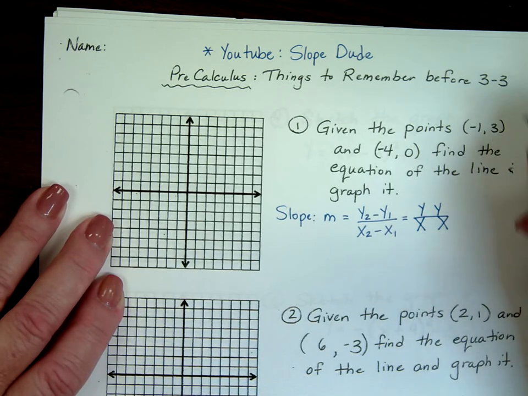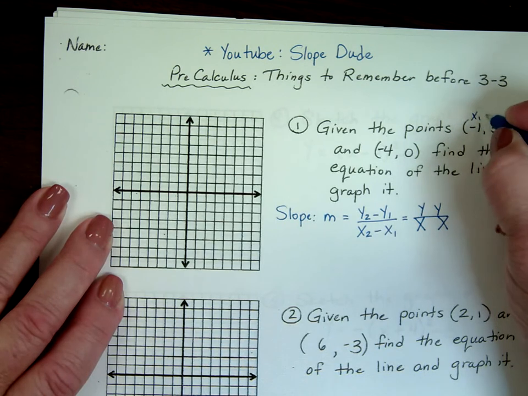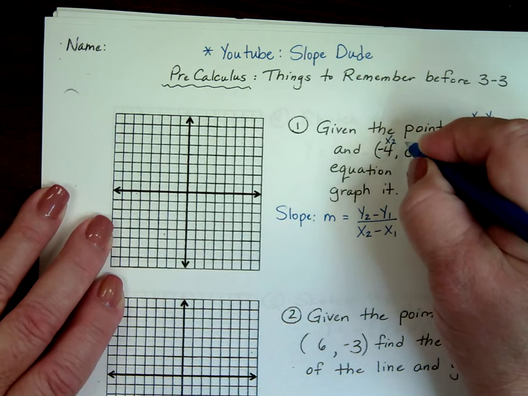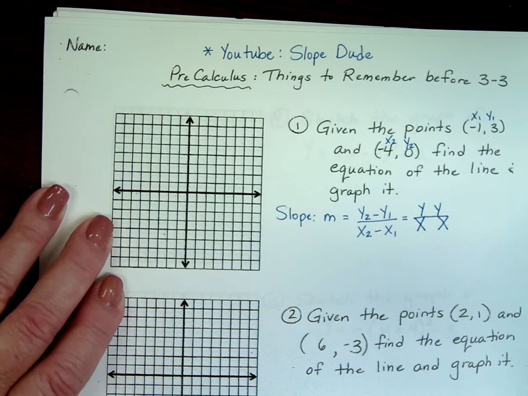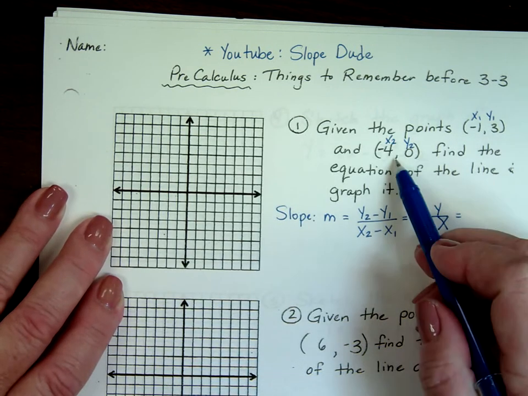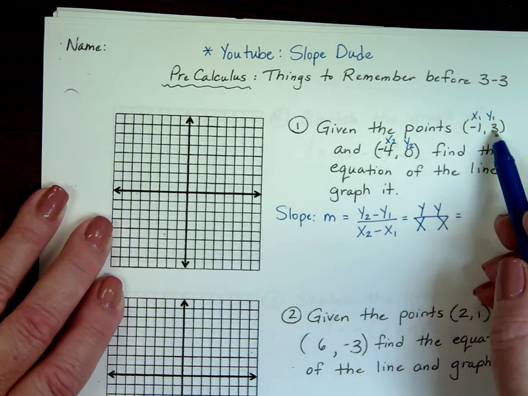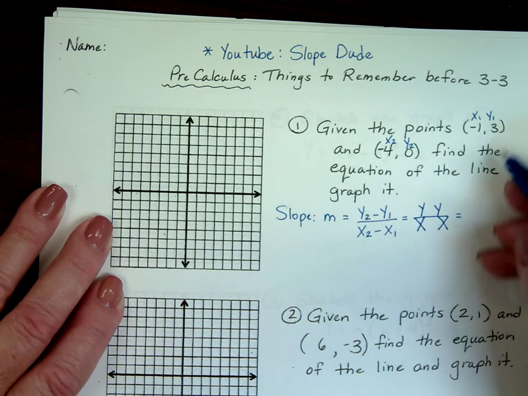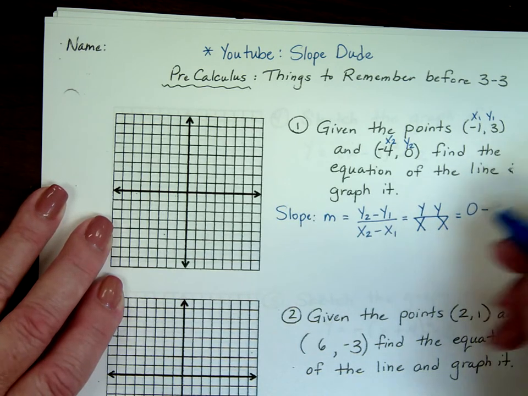So in our case, take your points, label them x1, y1, x2, y2. It doesn't matter which ones you choose to be x1 and y1 or x2, y2. Just you have to label one of them. It'll work out either way. If I had picked this to be x1, y1 and that to be x2, y2, I'd get the same answer. So here it is. y2 is 0, y1 is 3.